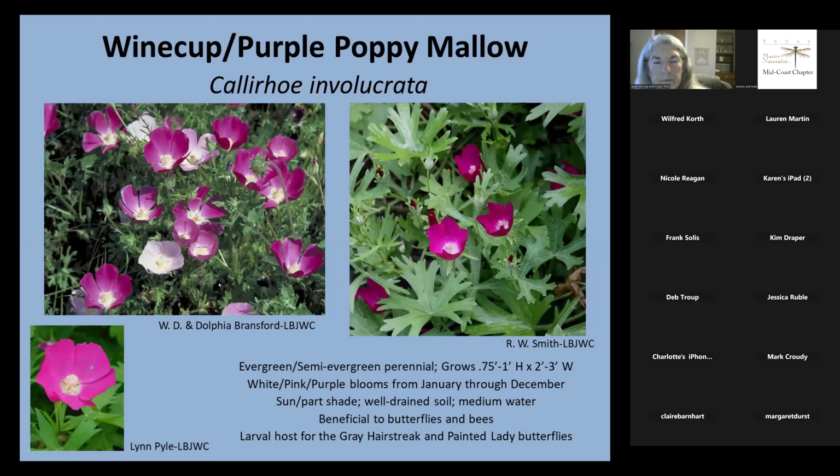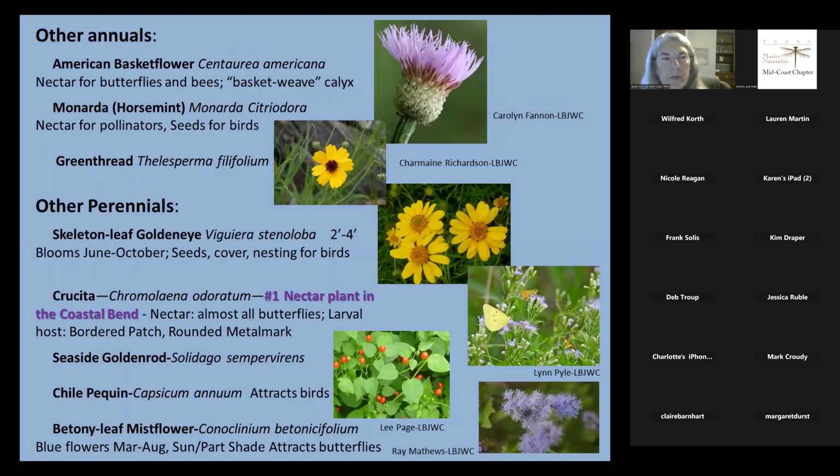It will bloom, or it will stay all the way from January through December, but if you don't give it extra water in the summer, it'll go dormant in the summer and you'll think you killed it, but then it'll come back in the fall. But give it extra water through the summer and you'll be able to keep it green all year round.